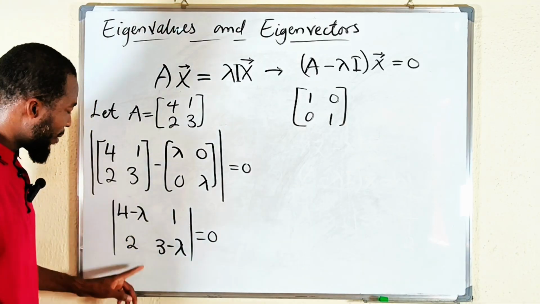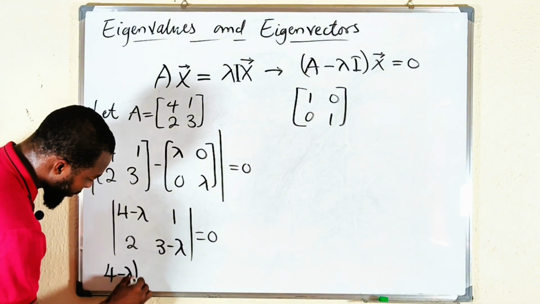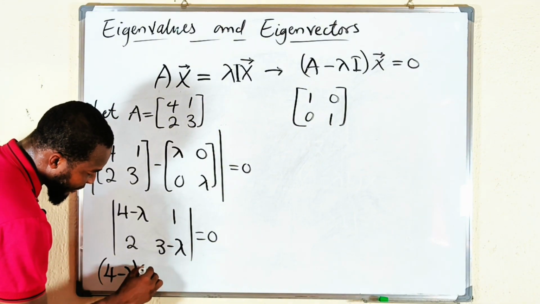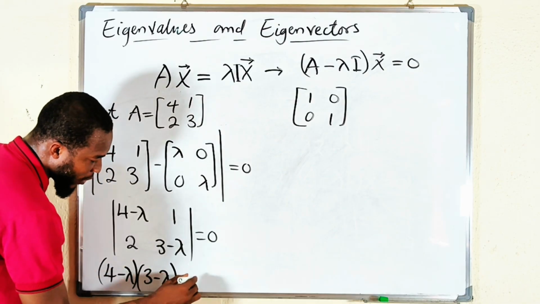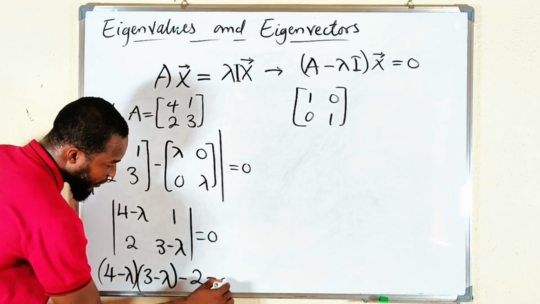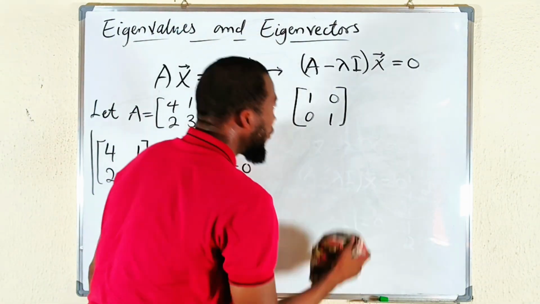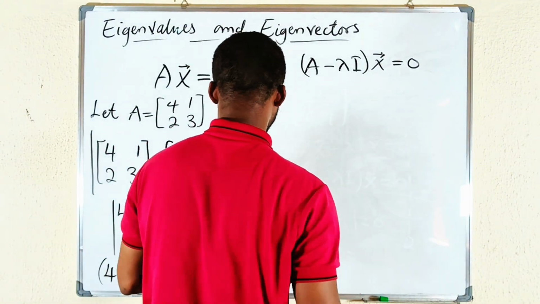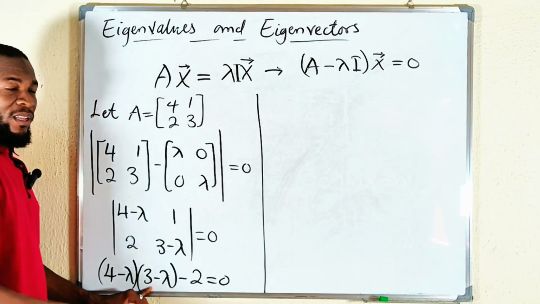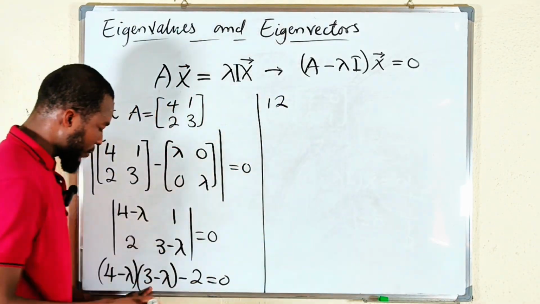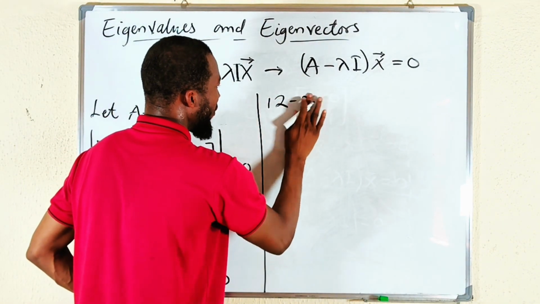And how can we find the determinant? You multiply 4 minus lambda by 3 minus lambda, then minus 2 times 1, which is 2. This is equal to 0. This is what we call the characteristic equation, and we are going to solve for lambda here, then substitute it back later. 4 times 3 is 12. 4 times negative lambda is negative 4 lambda, sorry.